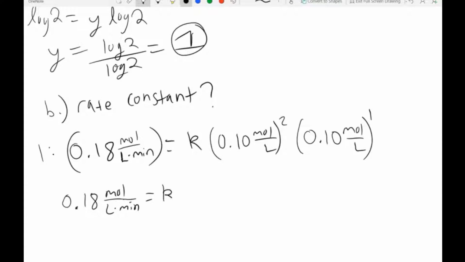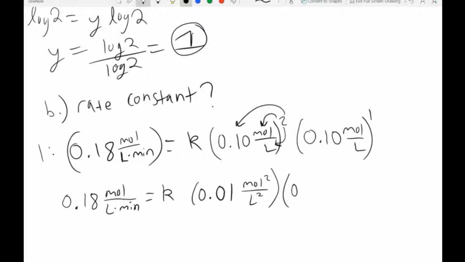The right side would be K, and we're going to go ahead and distribute the exponent. So it would be 0.1 to the second power, which is 0.01, and the square gets distributed not only to the 0.10 but also to the units as well. So it would be mole squared over liter squared.